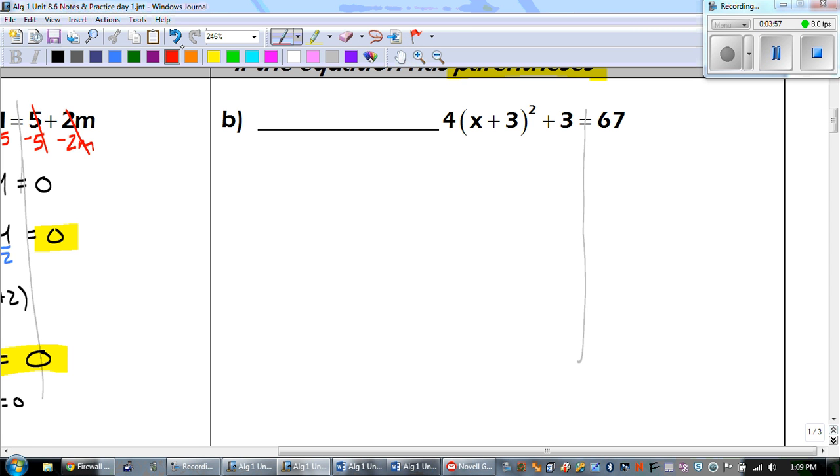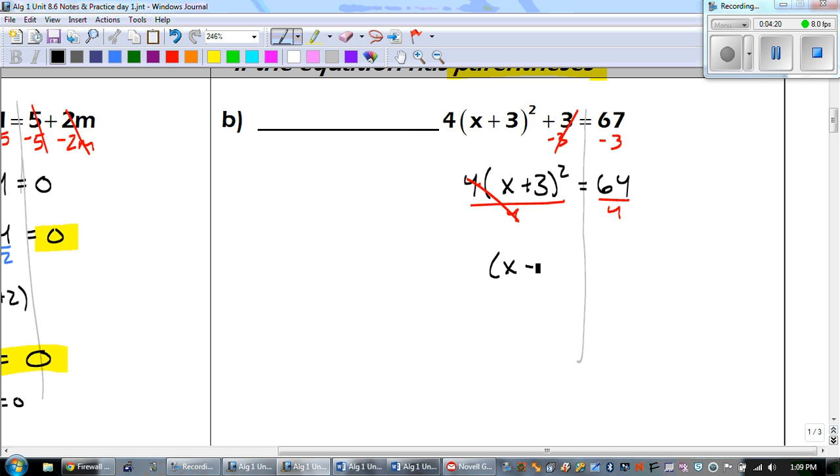The first thing we would do is subtract 3 from both sides. And we get 4 parentheses x plus 3 squared equaling 64. That 4 is being multiplied, so the opposite of multiplication is division.